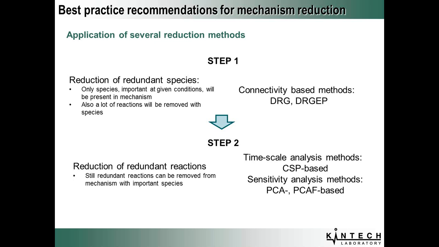And here we would like to mention methods which are based on time-scale analysis, like CSP-based methods, and sensitivity analysis, like principal component analysis or principal component analysis of reaction rate matrix. And after this second step, you will be able to additionally reduce your mechanism in terms of the number of the reactions. Sometimes an additional number of species is removed from this mechanism as well.